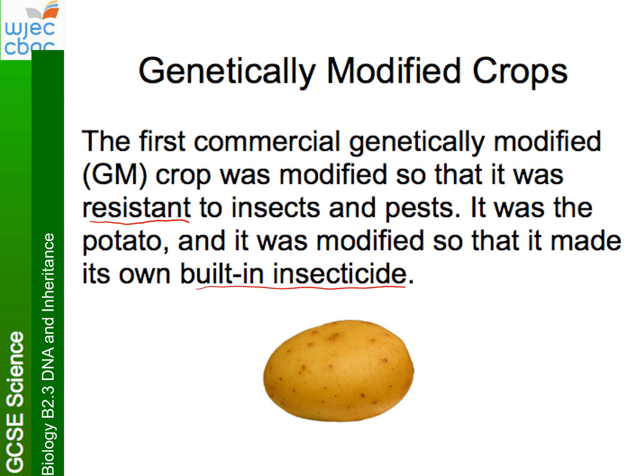So they took a gene from another organism that was a known natural insecticide. It was known to kill insects if they ate it, and they introduced it into the potato. The potato itself was completely harmless to humans when they ate it, but if insects ate it, they died. So it protected the crop, and you had a larger yield of crop.